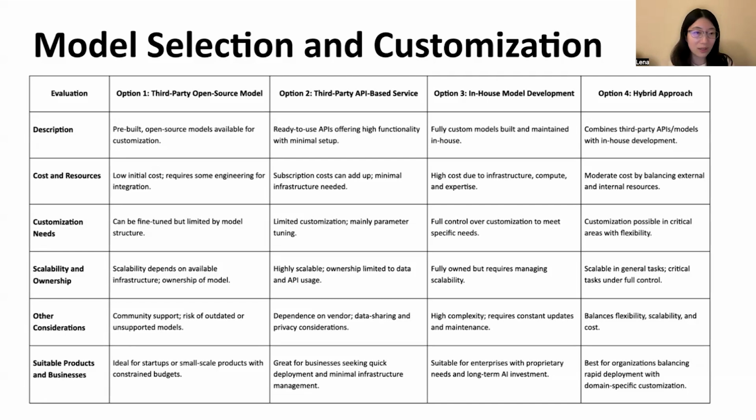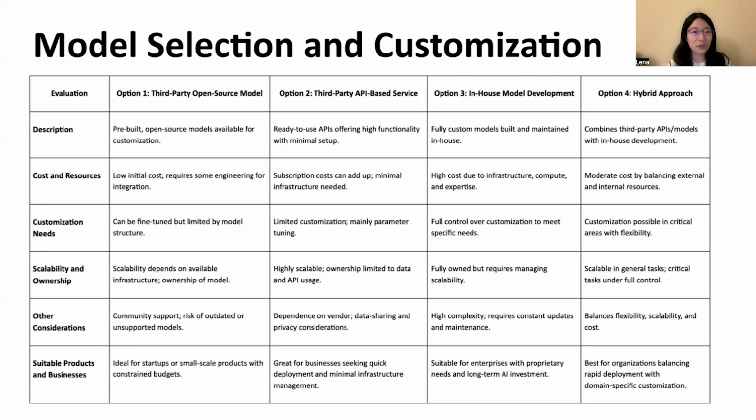For example, in-house model development can come with high cost, and especially for large language models, the cost of computation is especially high. But at the same time, it's more flexible and fully scalable, and for customization, we have full control.